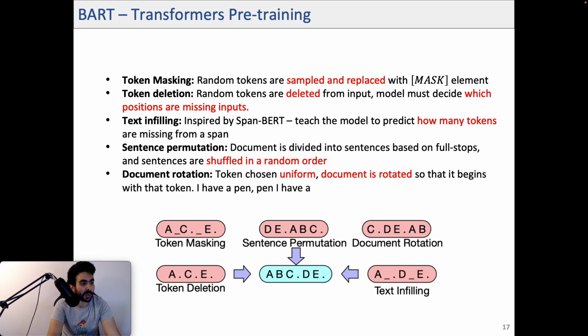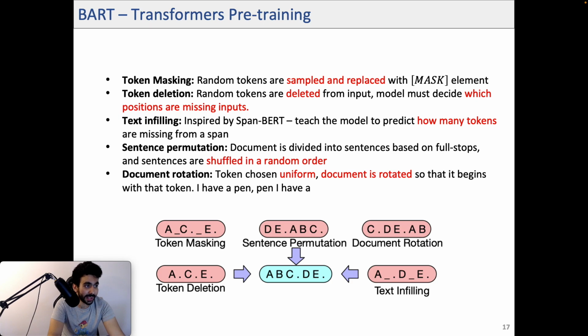And then they said, okay, let's try token deletion. Random tokens are deleted from the input, and the model would then have to decide which positions have the missing inputs. So it adds one more level of complexity to the pre-training task, making the model also more aware of where to place the missing inputs.